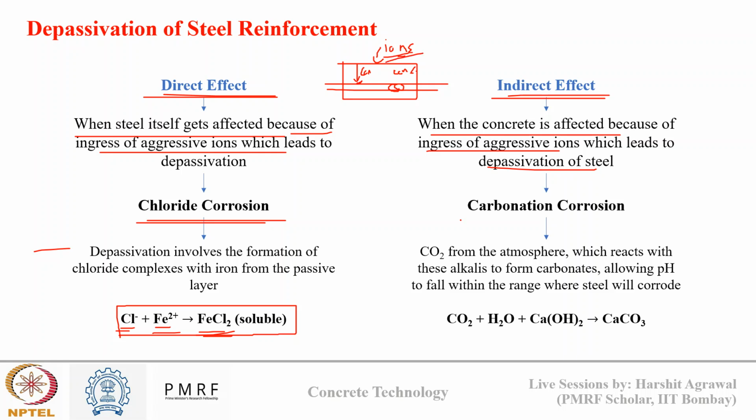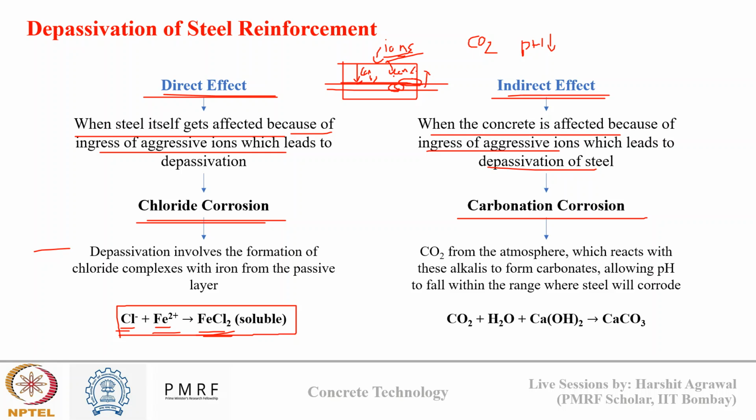That is carbonation corrosion. What happens when CO2 moves through cover concrete? It affects the concrete cover and decreases the pH of the concrete. Once the pH of the concrete is lowered, the passive layer, which is formed at high pH level, starts to break, and due to this the corrosion rate increases.